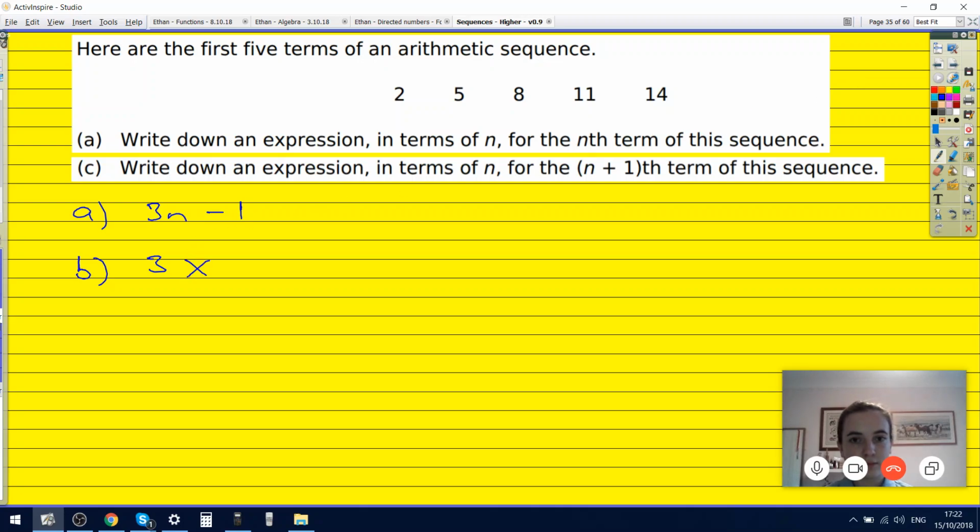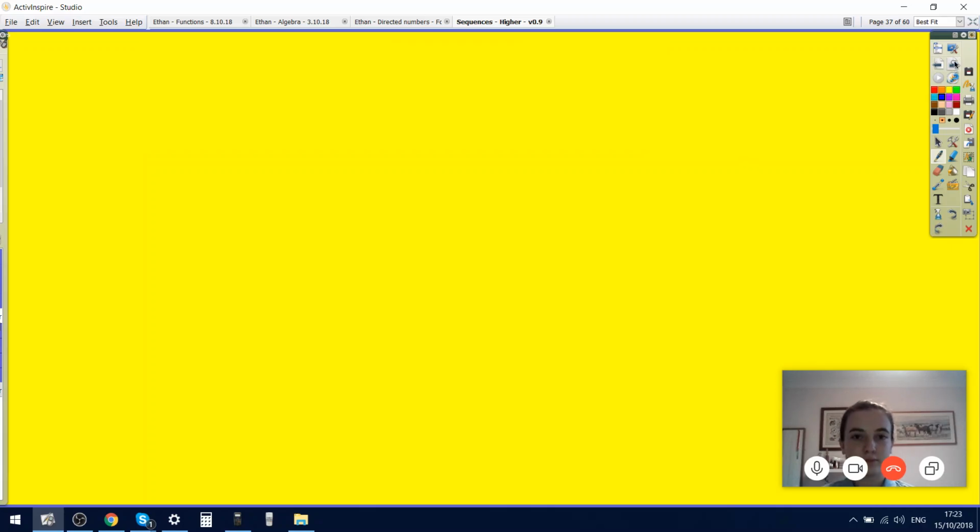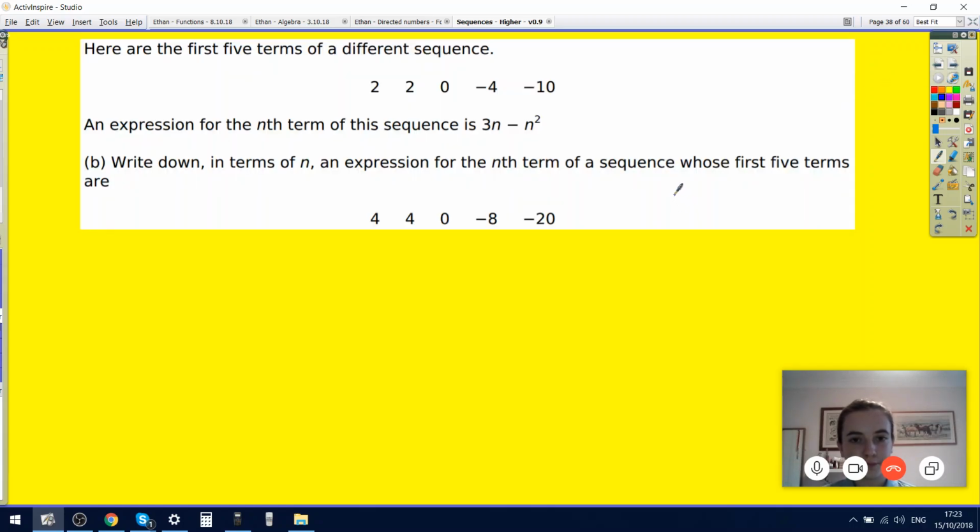So this would be 3 times, instead of 10 minus 1, it would be n plus 1 minus 1. So it's now algebra. So how would you simplify that? 3n plus 3 minus 1. So then 3n plus 2. That's it. And they would have accepted the answer like that, just writing n plus 1 instead of n, so just subbing it in. Yeah, okay. Any idea about this?